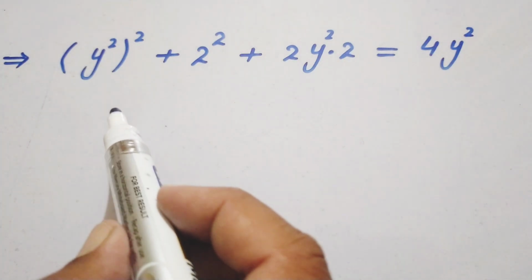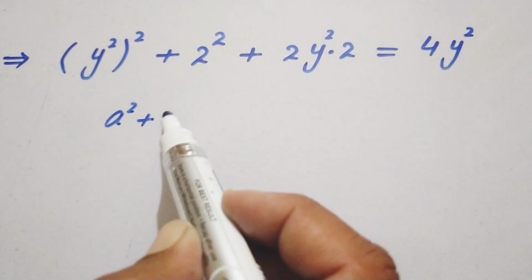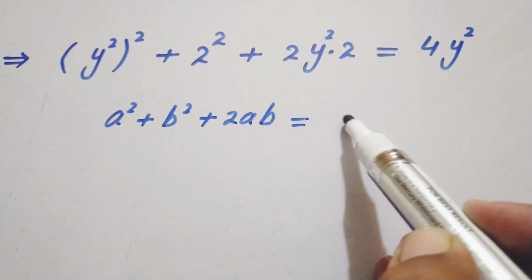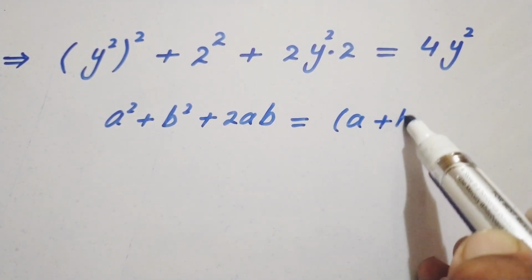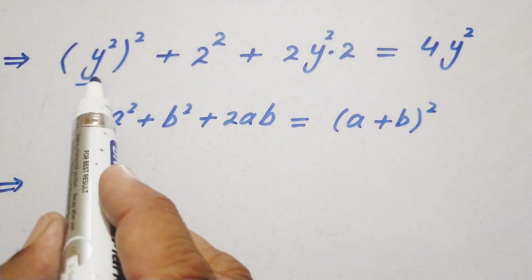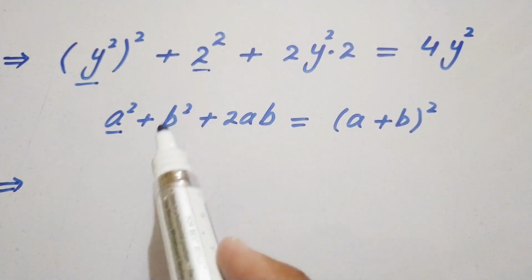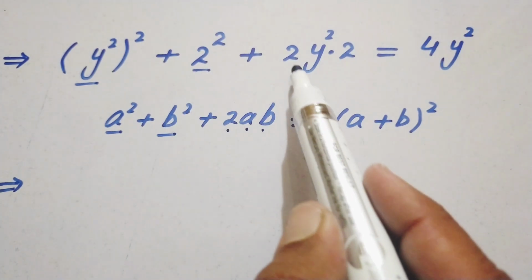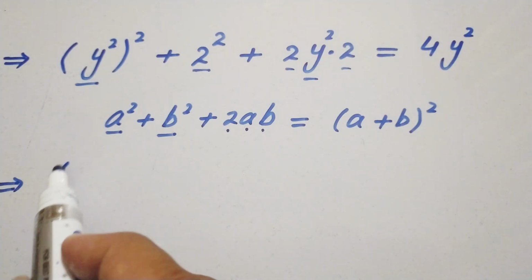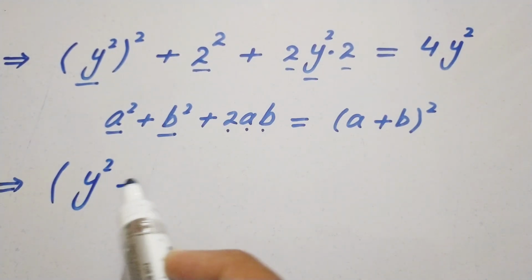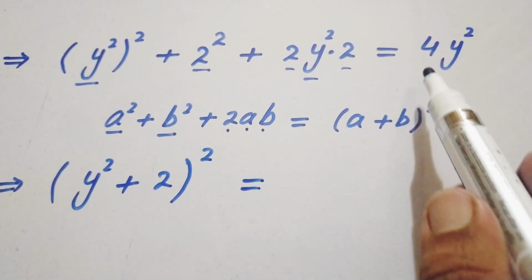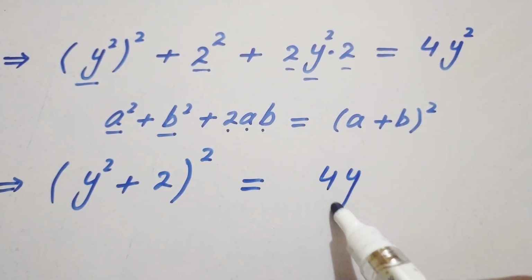Now as we know that a square plus b square plus 2ab is equal to a plus b whole squared. So here this y square is a, 2 is b, this is 2ab. So we can write this as a plus b whole squared is equal to 4y squared.